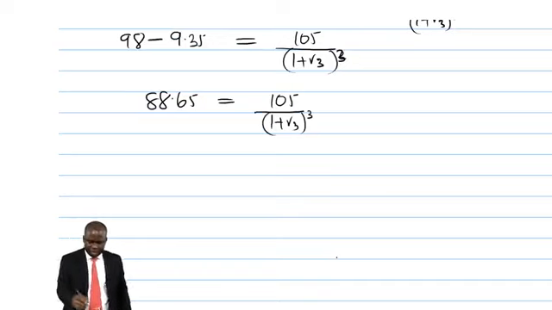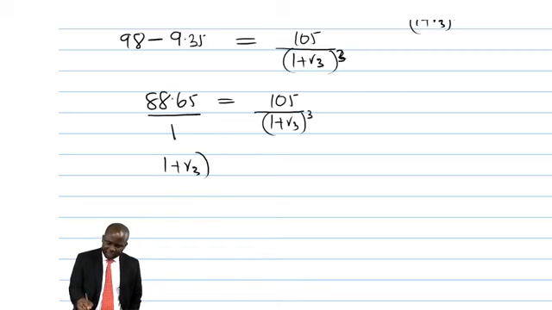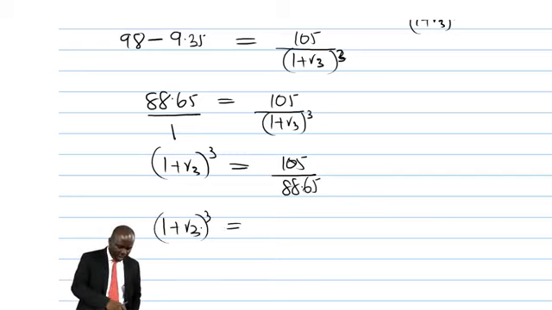So what should I do? This is divided by 1. Cross multiply. So I will say 1 plus R3 cubed is equal to 105 divided by 88.65.